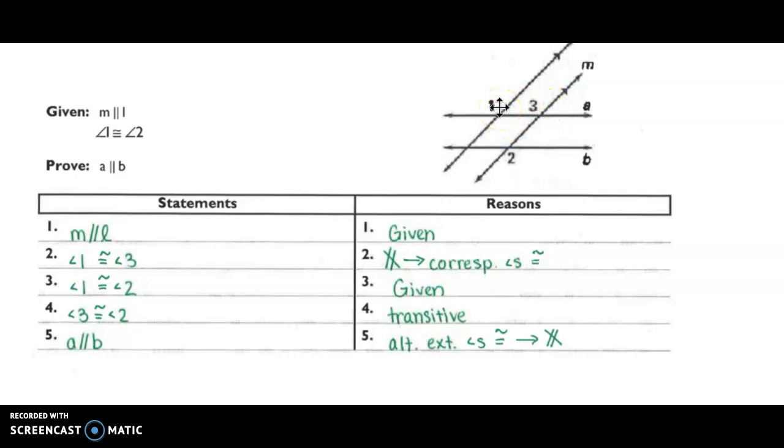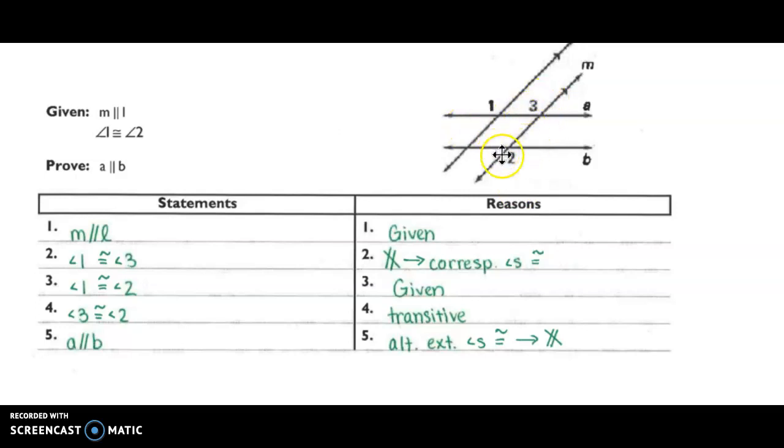Angle 1 is congruent to angle 2 because it was given, right? And because of statements 2 and 3, that must mean that angle 3 is congruent to angle 2 by transitive property, not substitution, because we're not talking about any measurements, right? And so therefore, if 3 and 2 are congruent, now take a look, right?